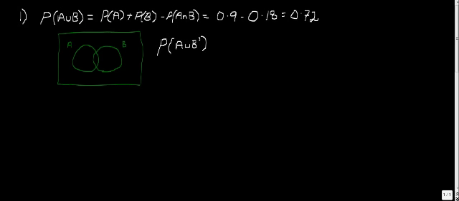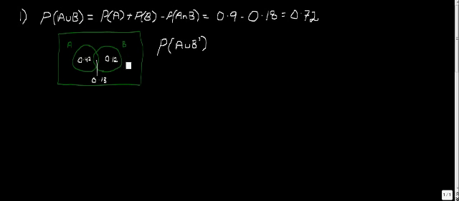We know this central section of the diagram is 0.18. And A is 0.6 in total, so this must be 0.42. This must then be 0.12.